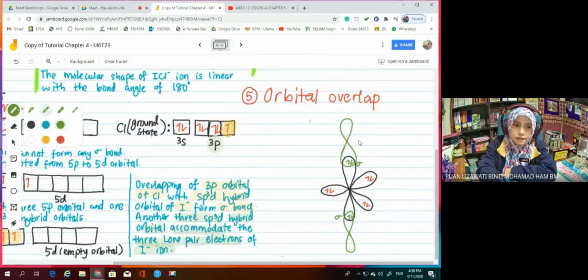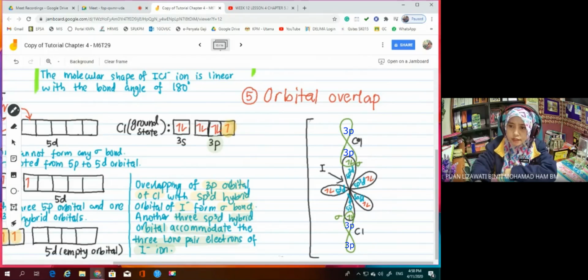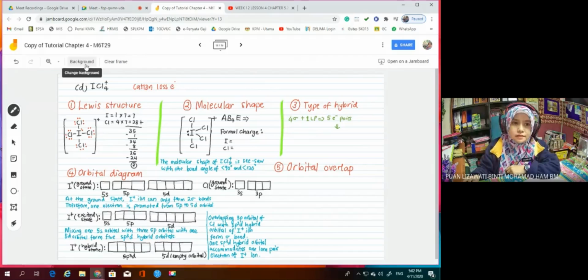Next, don't forget to label this as sp3d. And lastly, the terminal atom Cl. The center atom here is I. And because it exists as an ion, you have to draw the square bracket and the charge outside. Alright, so we have done the third example.